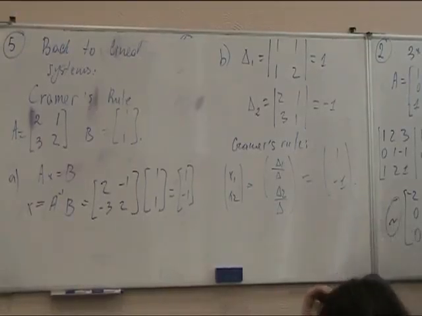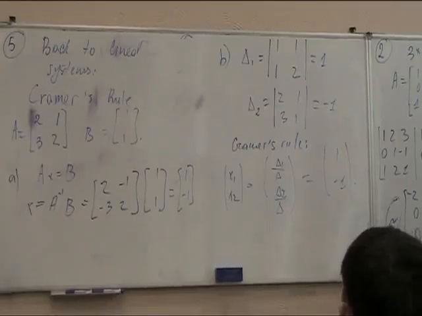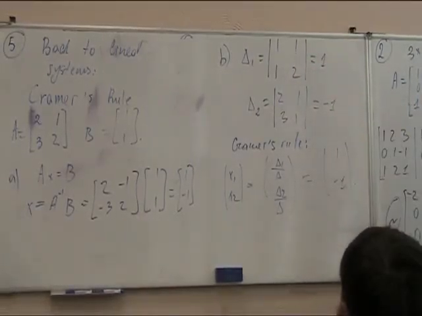The only thing that I would like to tell you is that the greater the size of the matrix, the easier it is to use the Gauss-Jordan elimination method, because all of those other methods are going to be very long. If you have to calculate a 2 by 2 determinant, you can do it in your mind.